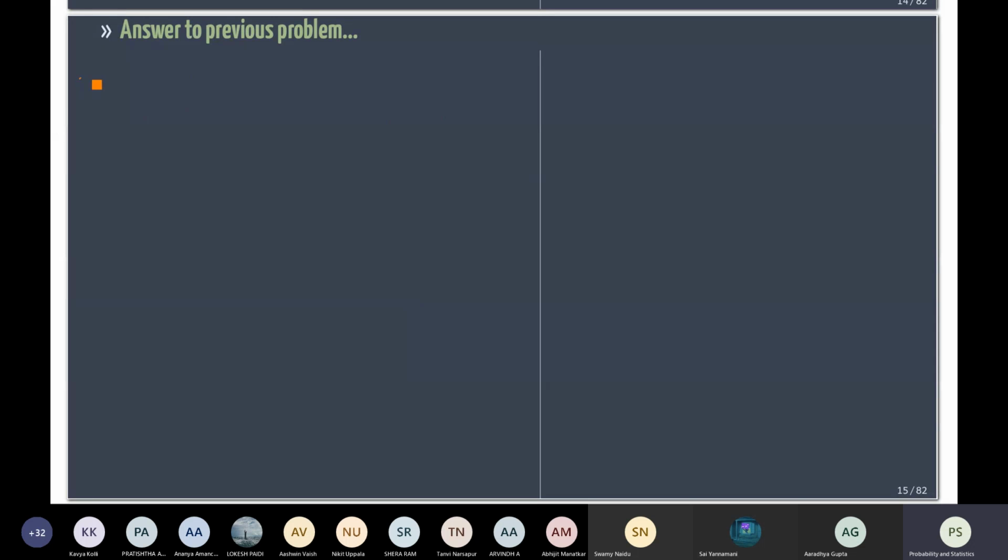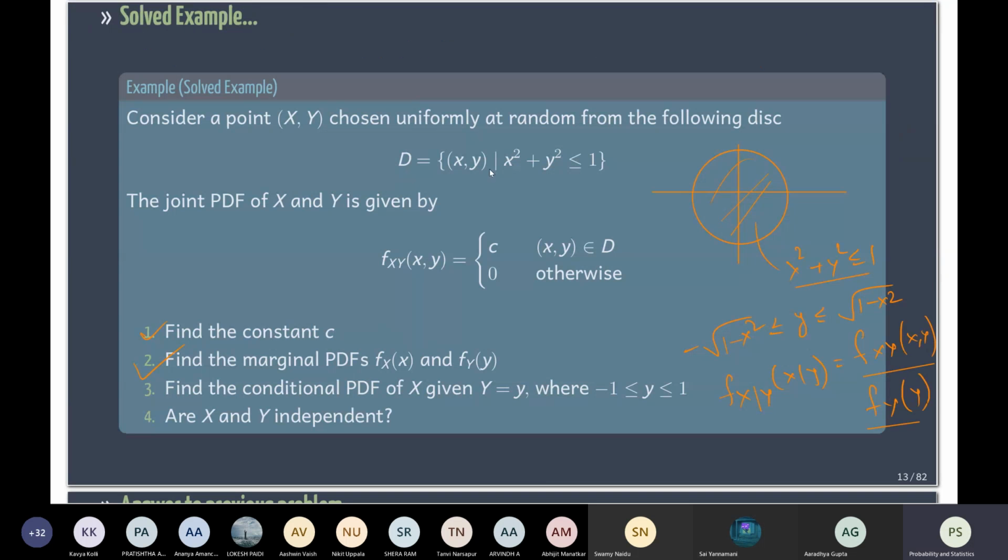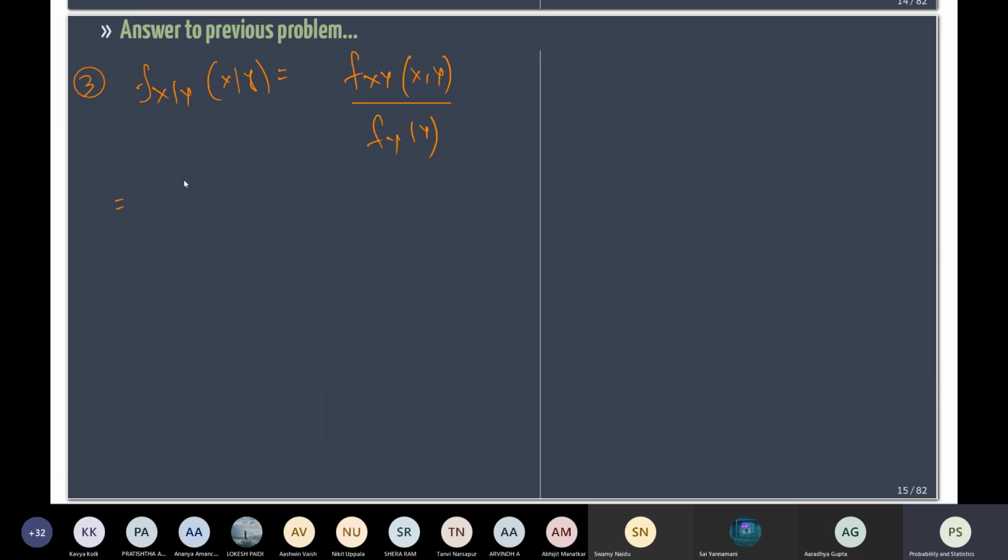The third one is, we know that f_{X|Y}(x|y) is the joint f_{X,Y}(x,y) divided by f_Y(y). And f_{X,Y} was 1 over pi, it was c, which was 1 over pi.